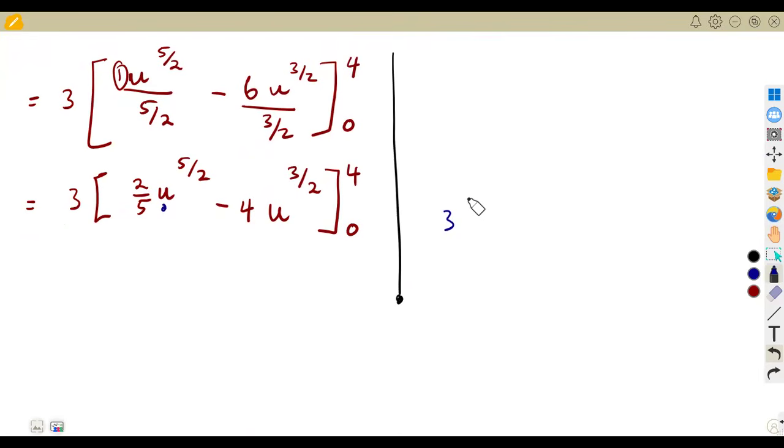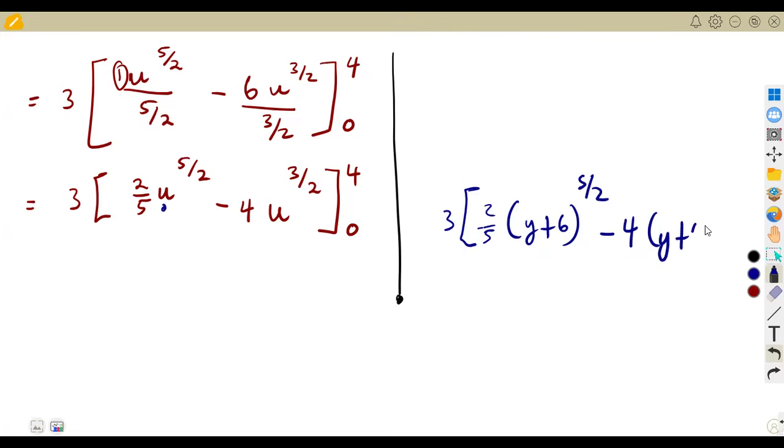So this is going to be 3 into 2 over 5, like this, into u, which is y plus 6, to the exponent of 5 over 2, minus 4 into u, which is y plus 6, to the exponent of 3 over 2.